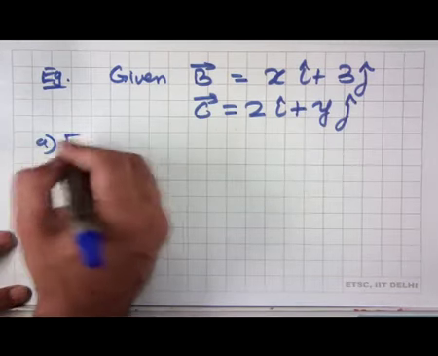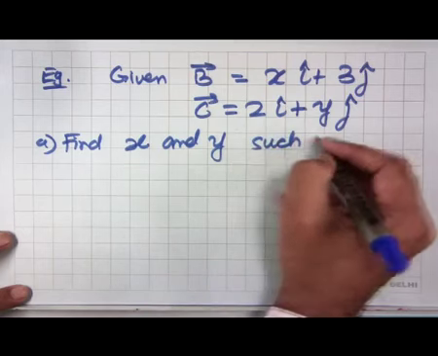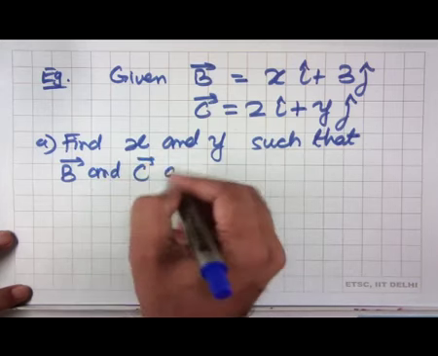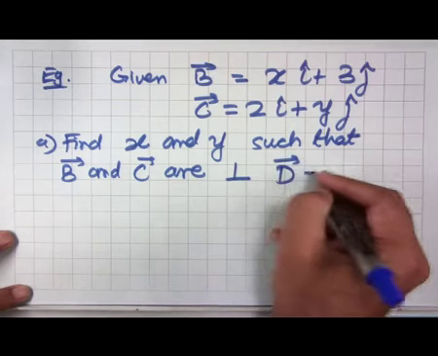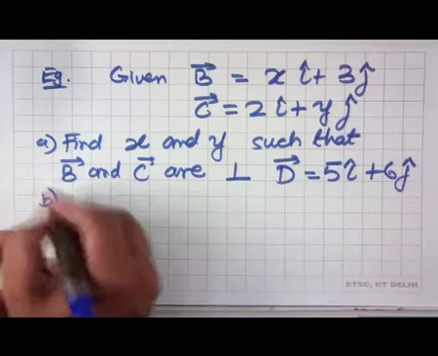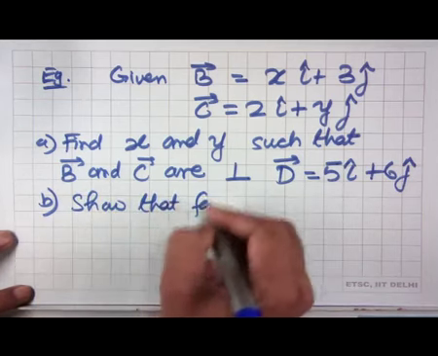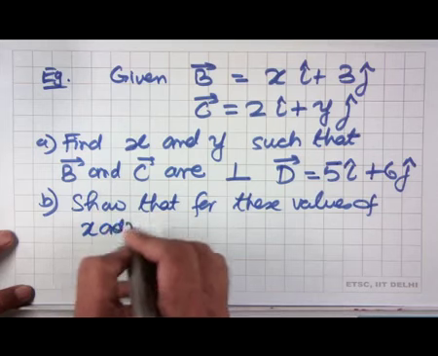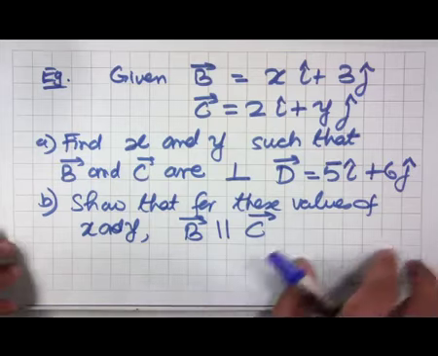Now, we have to find x and y such that B and C are perpendicular to the vector D, which is equal to 5i plus 6j, and the second part says show that for these values of x and y, vector B is parallel to vector C.